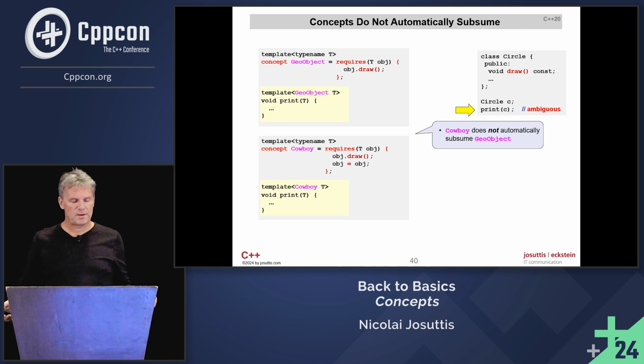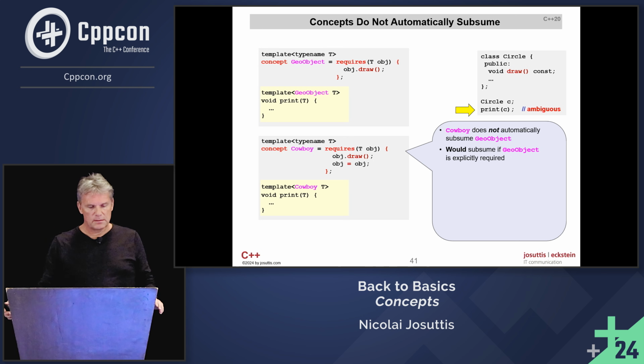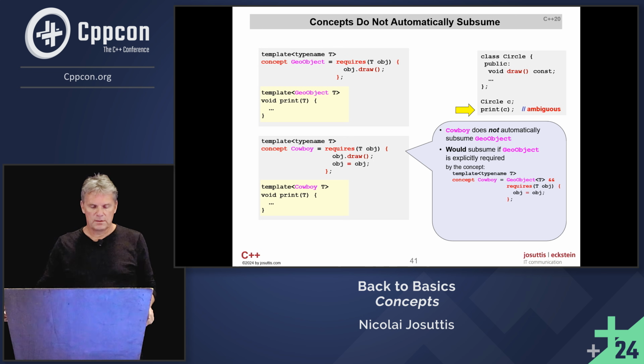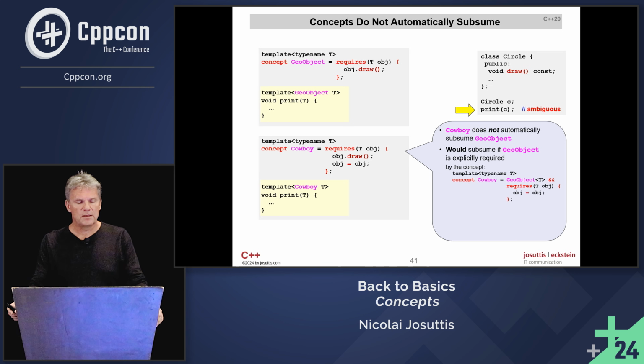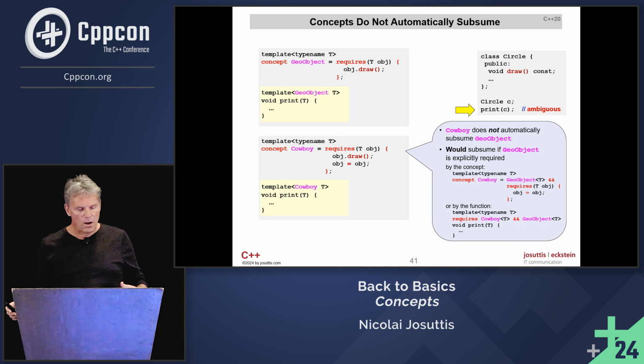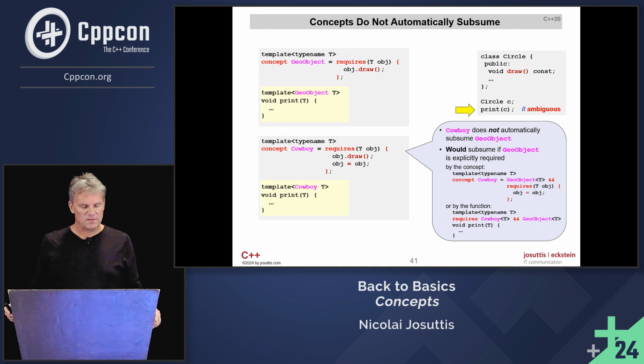If you want, for some reason, that a cowboy subsumes geometric objects, you can do so. In the print function you can say, I have here a version that is for those who are both cowboys and geometric objects, and that will be preferred over the others.